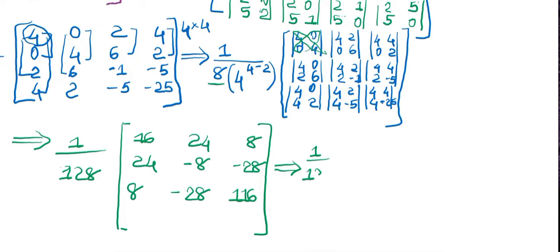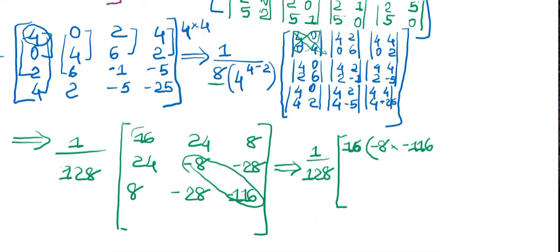Then it will be 1 upon 128, and we'll solve the 3 cross 3 determinant. So we'll solve it in the same way as we solved the 3 cross 3 determinant. You can even solve it in the calculator or manually. That is, firstly it will be 16 into minus 8 into minus 116 minus 28 into minus 28.